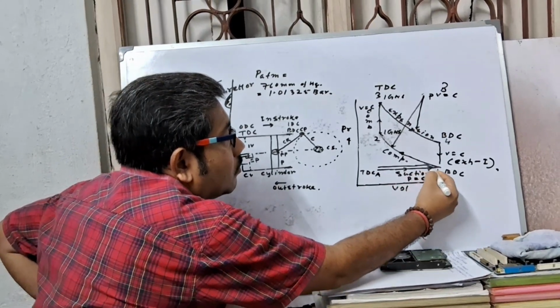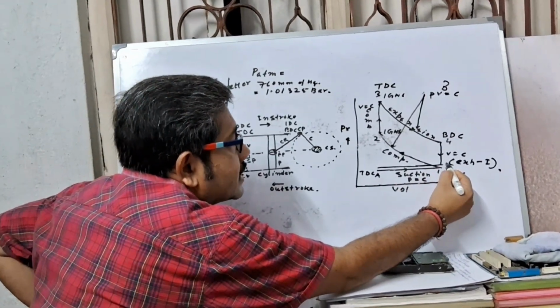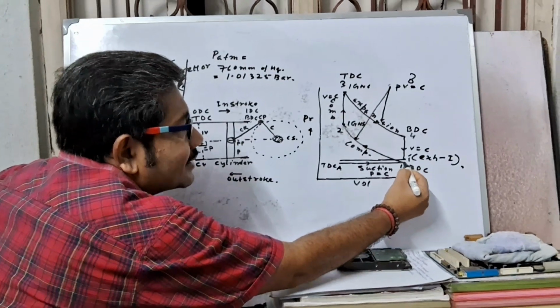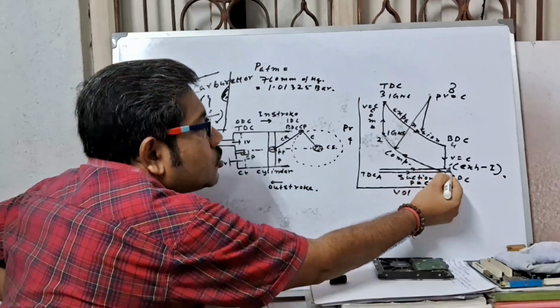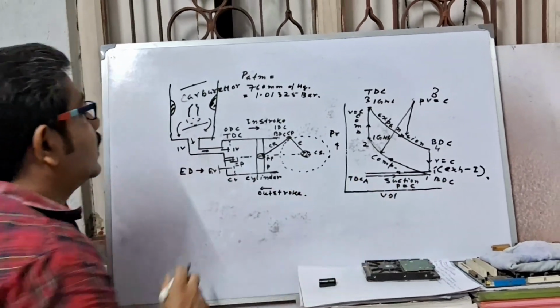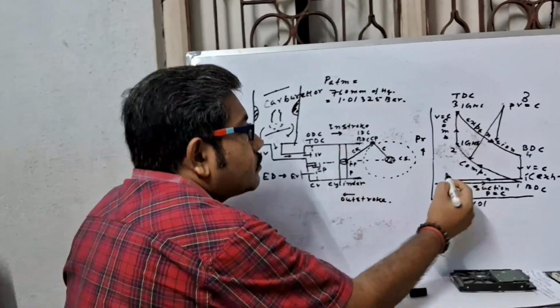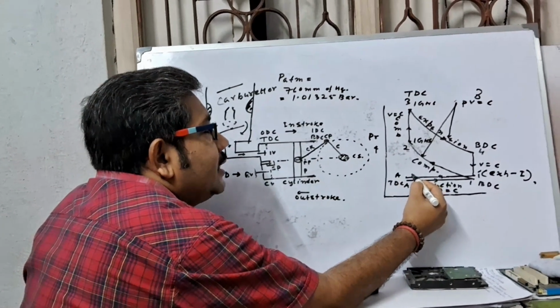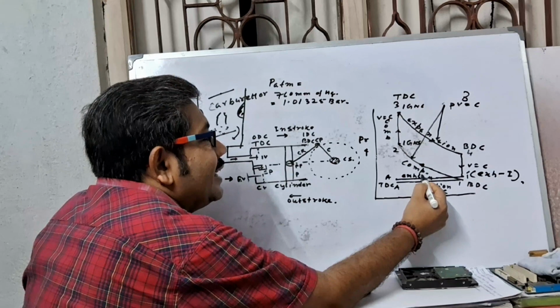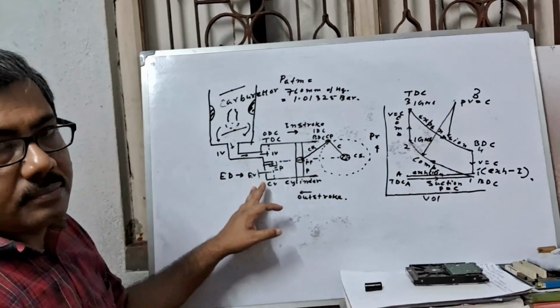Look at the figure, at constant pressure, this is 1 dash, and 1 dash and 1 are very close points. When the piston reaches TDC, here the second part of exhaust is completed.